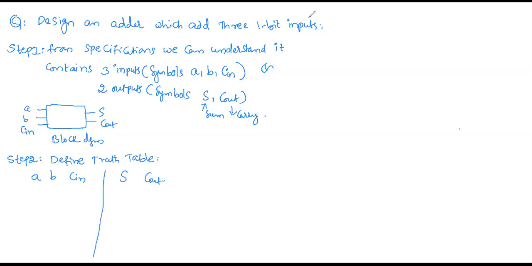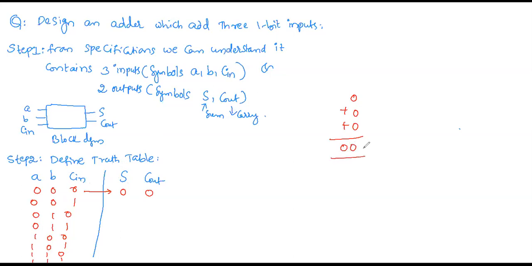With 3 inputs, you will get 8 combinations: 0, 0, 0, 0, 0, 1, 0, 1, 0, 0, 1, 1, 1, 0, 0, 1, 0, 1, 1, 1, 0, 1, 1, 1. Now add them. 0 plus 0 plus 0 gives sum 0, carry 0. One is carry, one is sum.